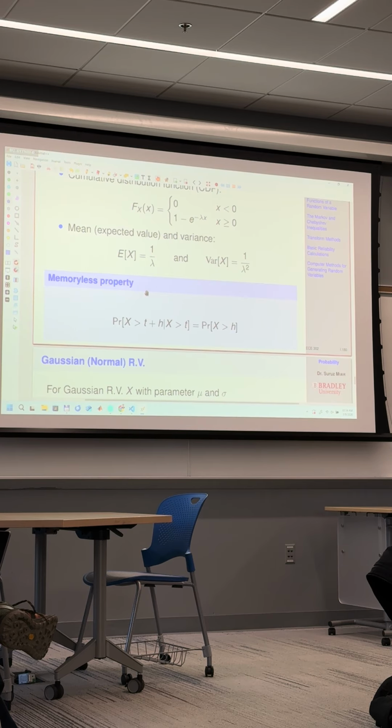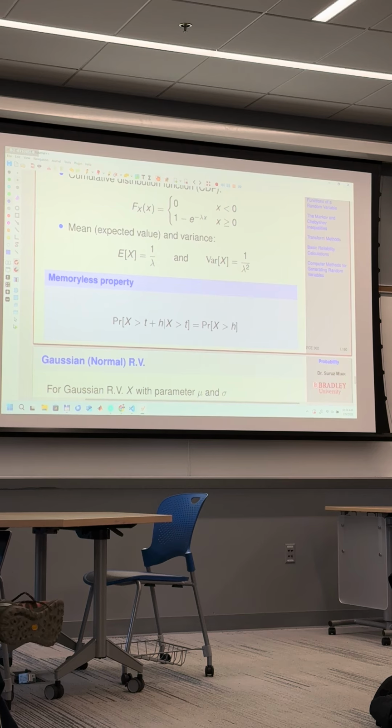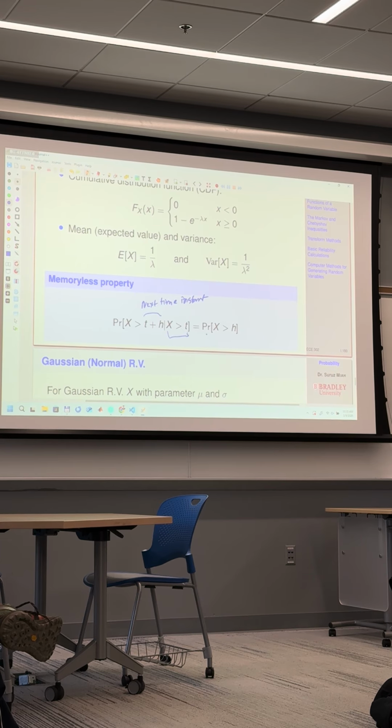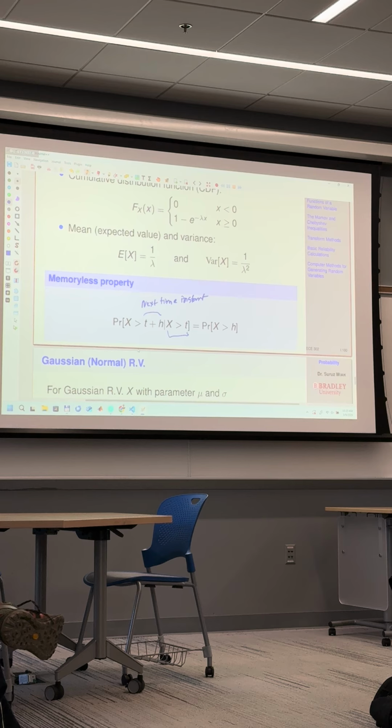So here, what the memoryless property says is that if x follows an exponential distribution, then the probability that x takes value greater than t plus h, which means the signal at the next time instant, where t is the current time and t plus h is the next time instant, given that x greater than t, depends only on h, regardless of t.